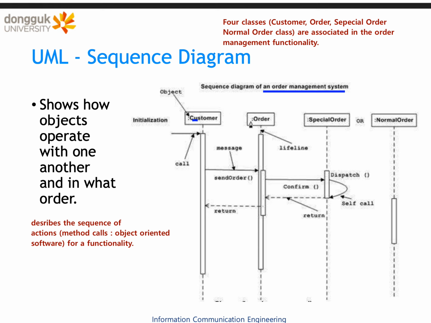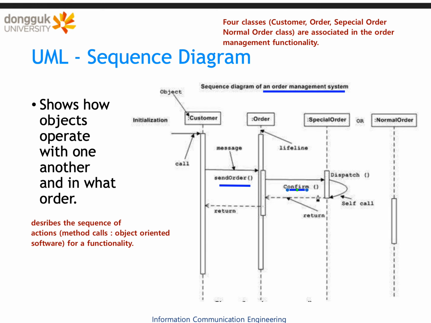And to run the order management system, there is some method call for each instance. Initially, the customer class calls the order's send order method. And this method will invoke another method call, like the confirm method from special order.